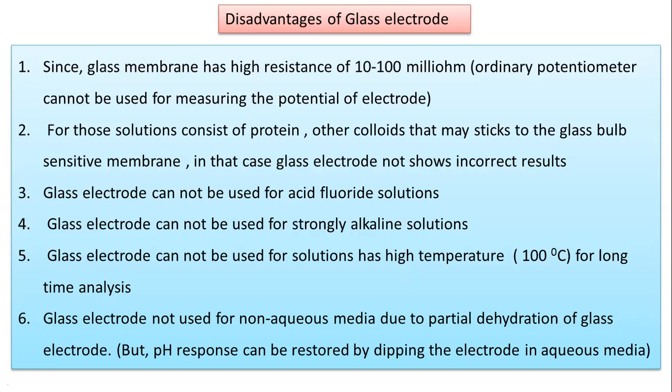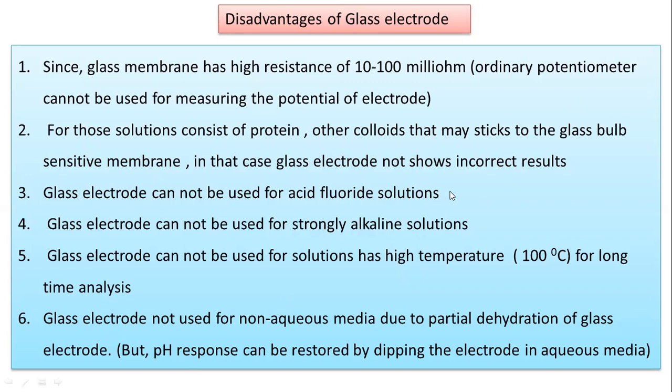Another chance is that the solutions may contain colloids or colloidal particles, and these protein particles or colloidal particles may stick to the glass bulb of the glass electrode, which is a very sensitive membrane.